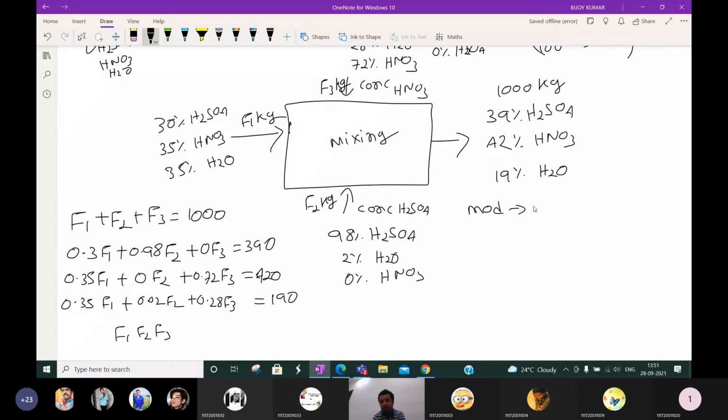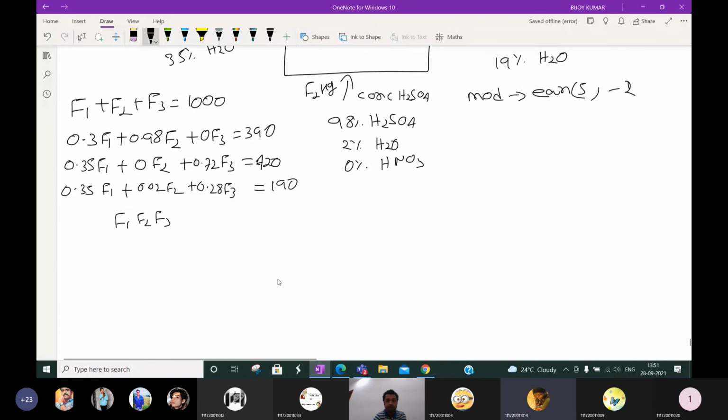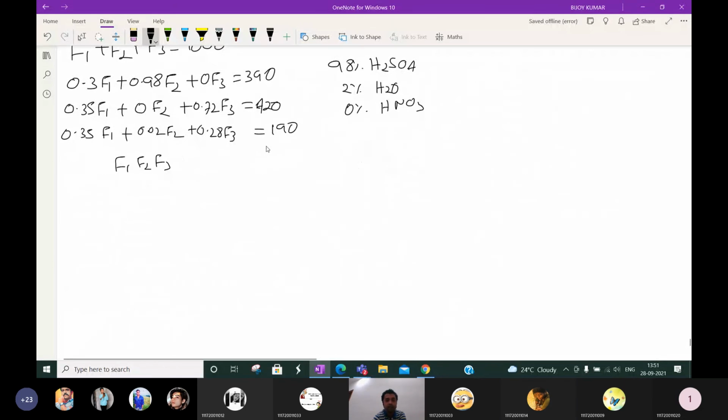First go to mode, then equation. In equation go to number 5, then 2, because we have three variables. Suppose these are equations 1, 2 and 3.